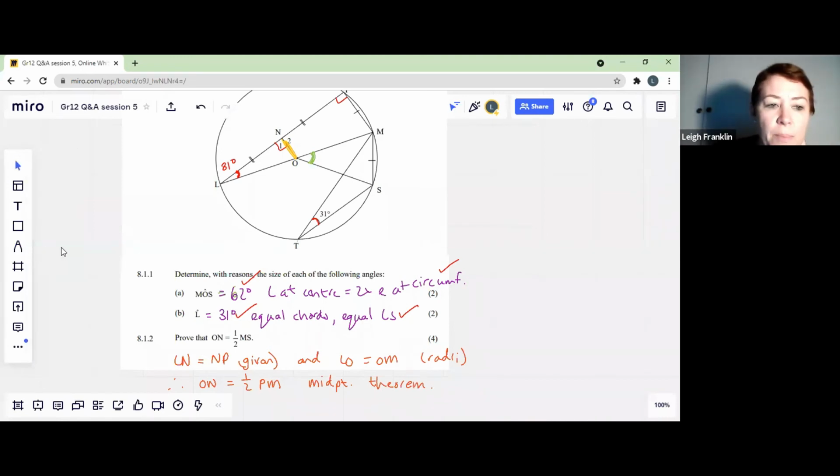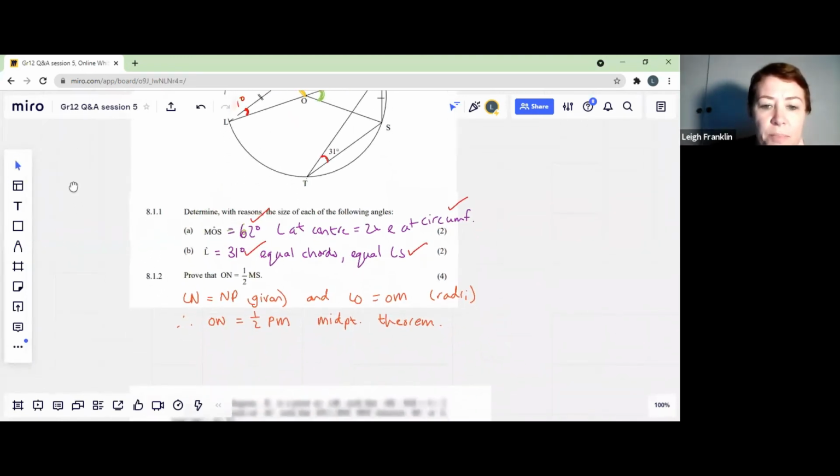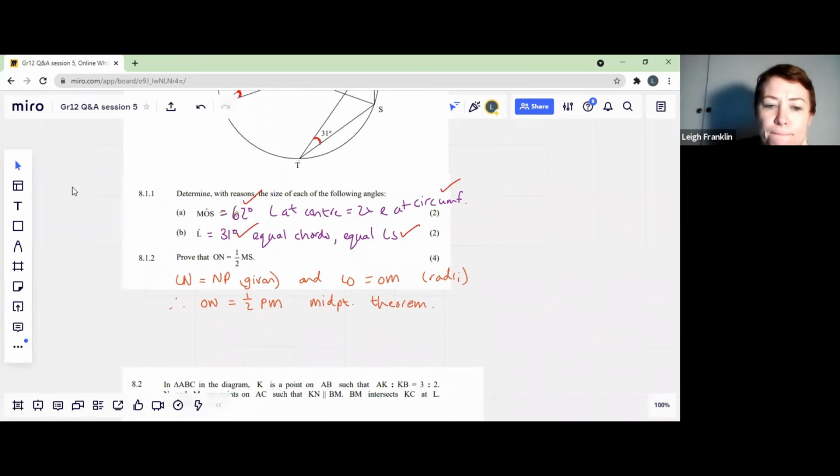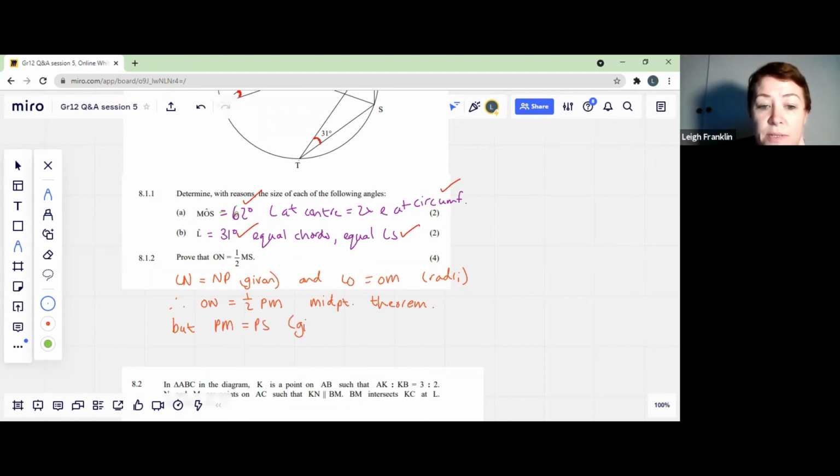Just going to move this up a little bit. Sorry, I know the picture's going to disappear. But they told us PM equals MS. That was given.